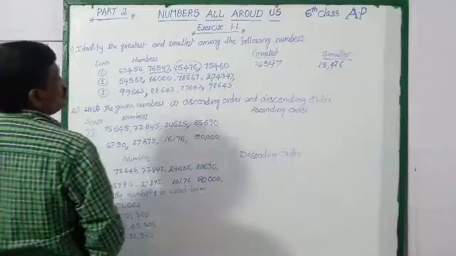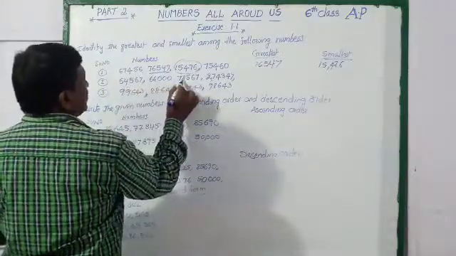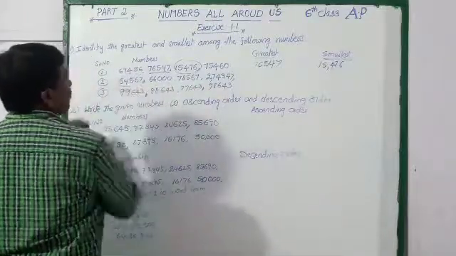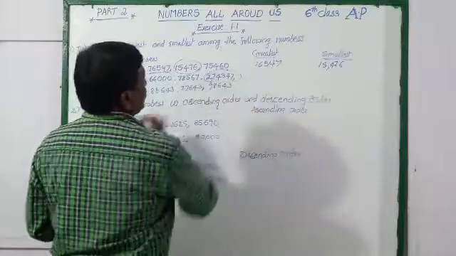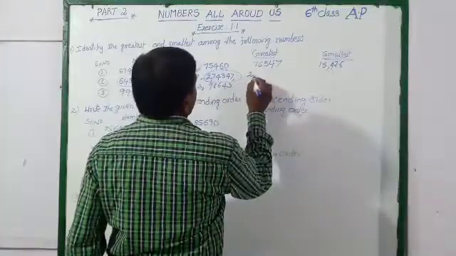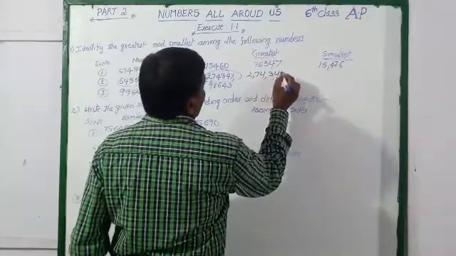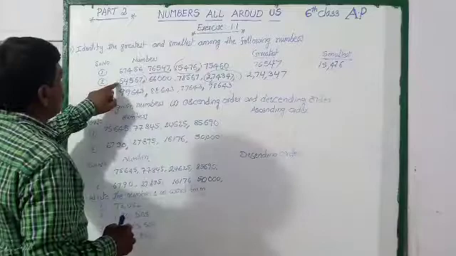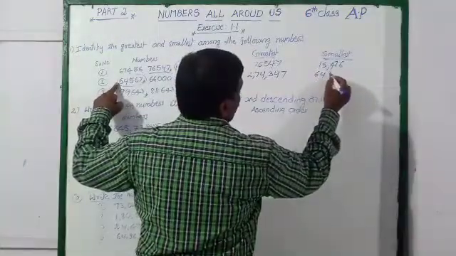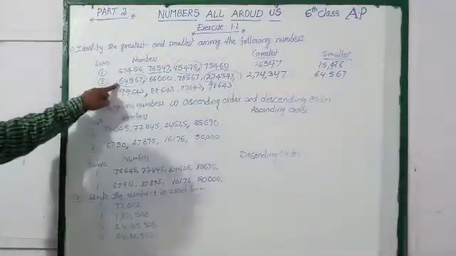Here, smallest number: 64,000, 66,000, 78,000, 2 lakhs. 2 lakhs is the greatest number. So the greatest number is 2,74,347. The smallest number is 64,567.